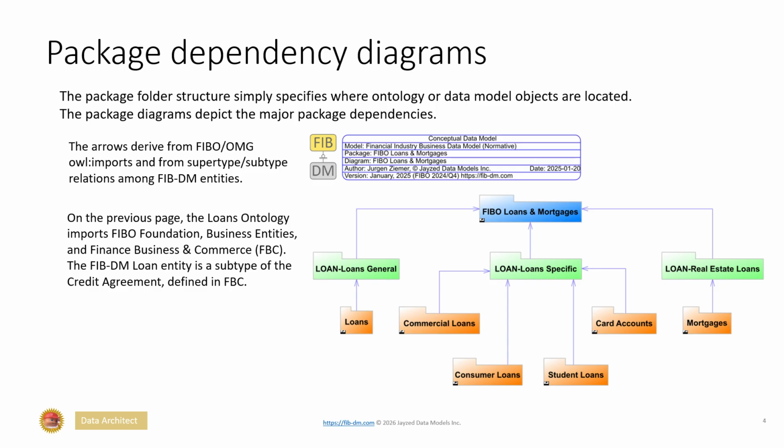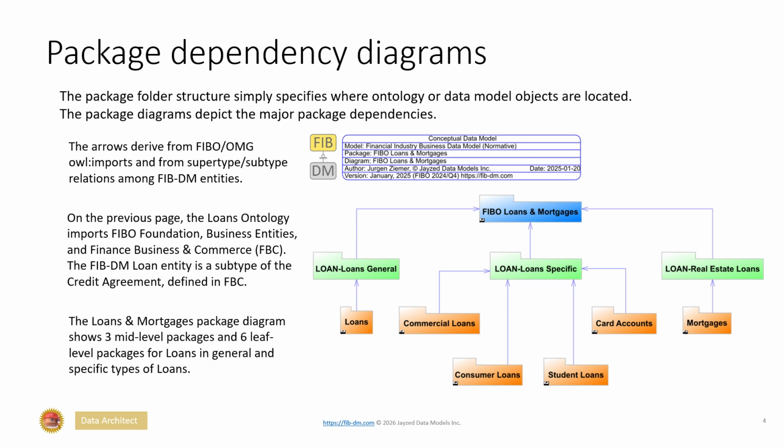And the loan entity actually is a subtype of the credit agreement defined in FBC, finance, business and commerce. And the loans and mortgages package diagram shows 3 mid-level packages: loans general, loan specific and real estate loans, and 6 leaf-level packages for loans in general and the specific types of loans: commercial loans, consumer, student, and card accounts.